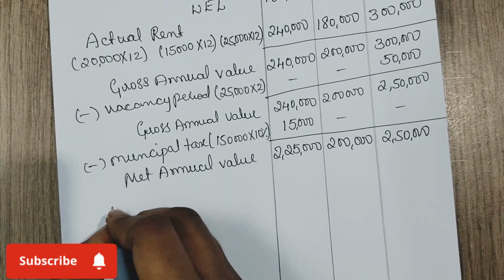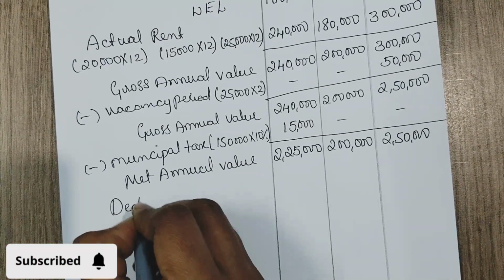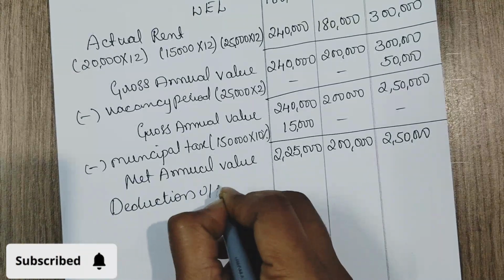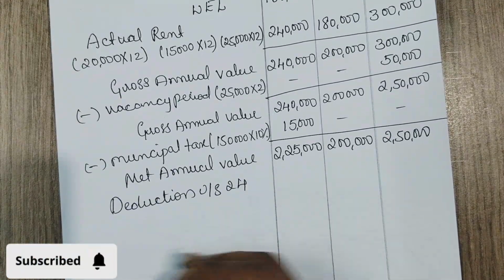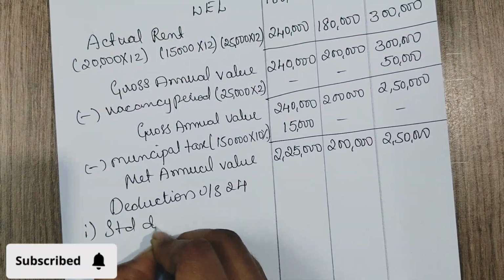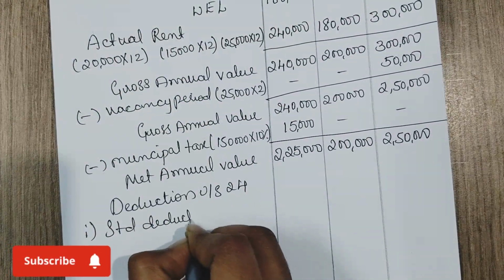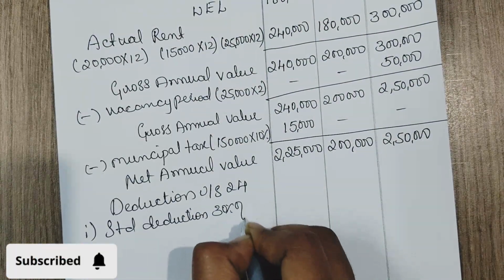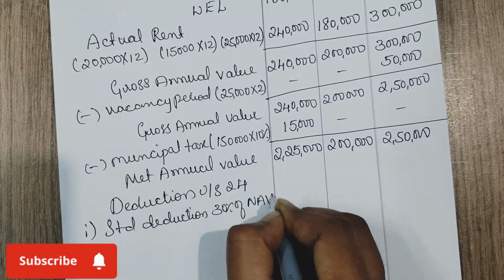Now deductions. Deductions under section 24. What is the first deduction? Standard deduction, 30% of NAV.